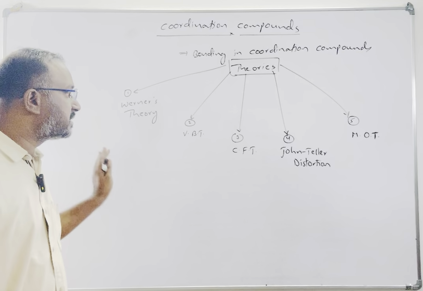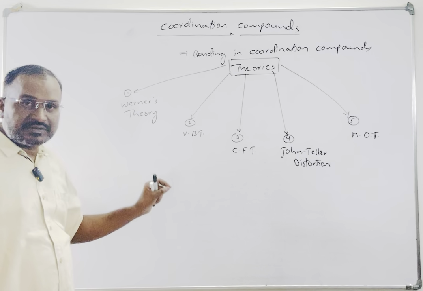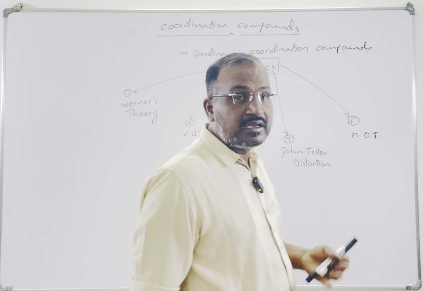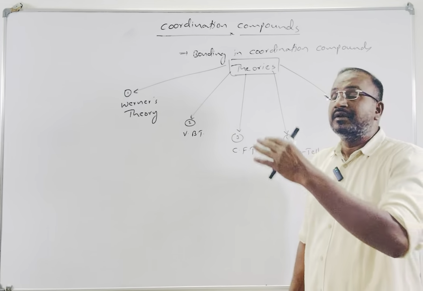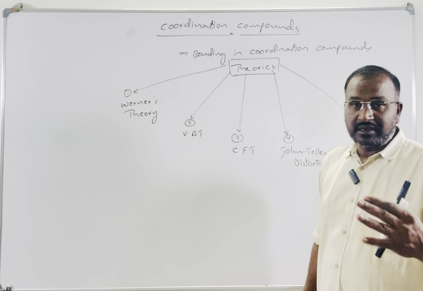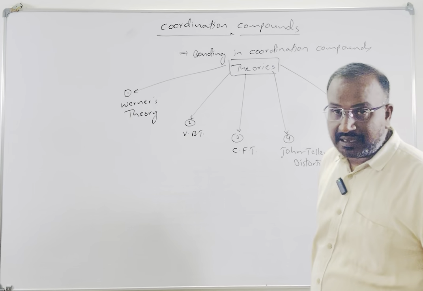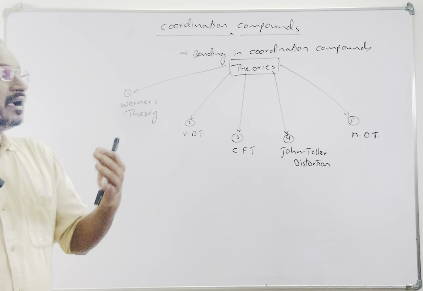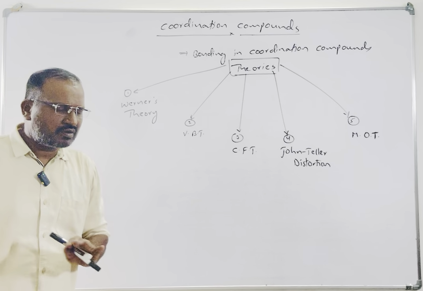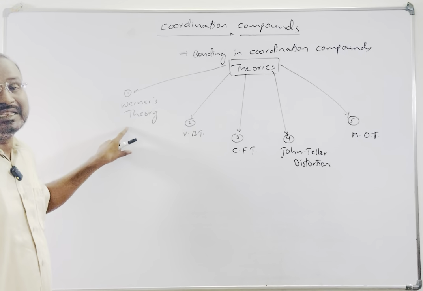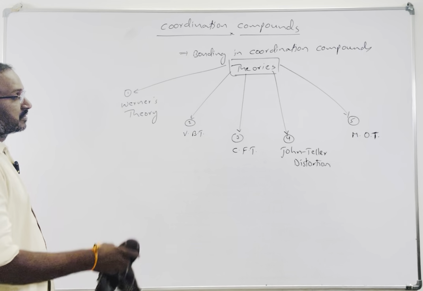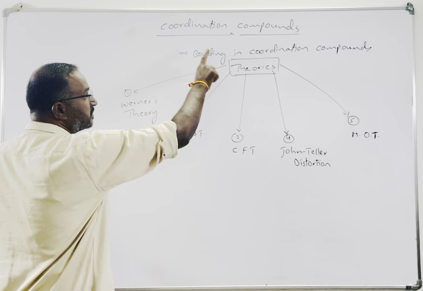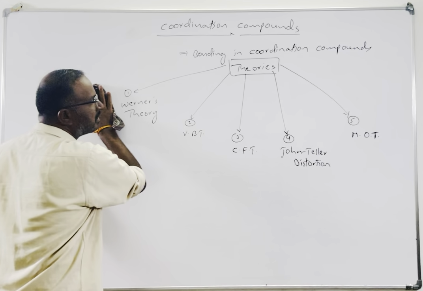Today in this video we will discuss Werner's theory, and let us see how questions come from this theory in competitive examinations like JEE Mains, JEE Advanced, NEET, sometimes MSET also, and in board exams also. Let me start from the beginning of this theory. These five theories are used to explain the bonding in coordination compounds.